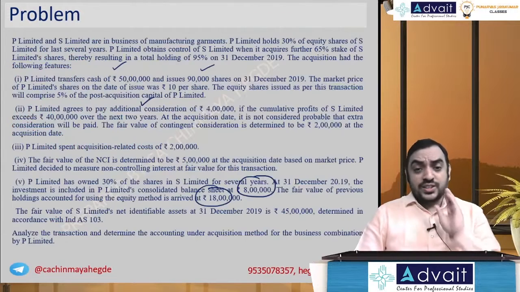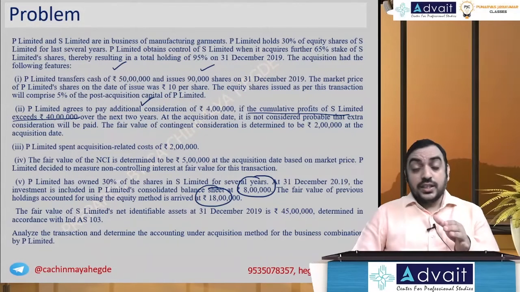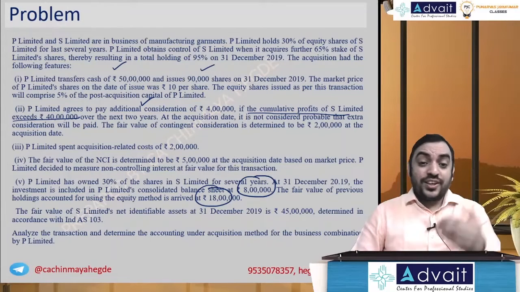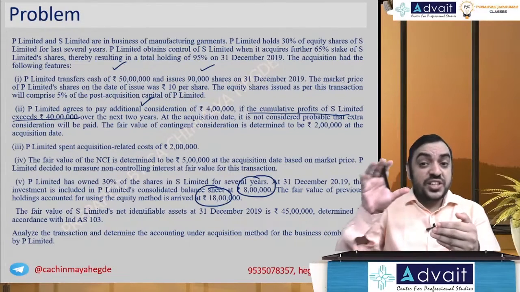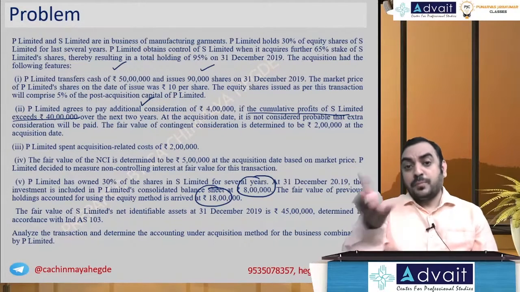But look at the additional consideration. Is it compulsory? If the accumulated profits of S Limited exceed 4 lakh over the next 2 years, this is a contingent consideration, because in that situation you will be paying subject to conditions which are uncertain, may happen, may not happen.